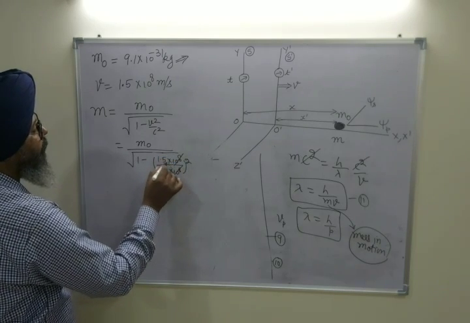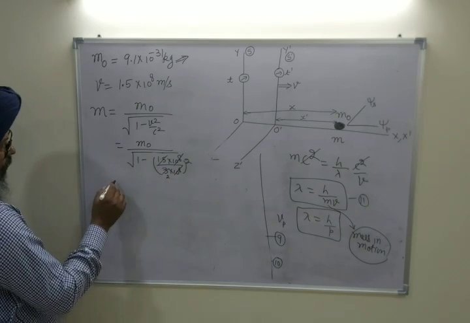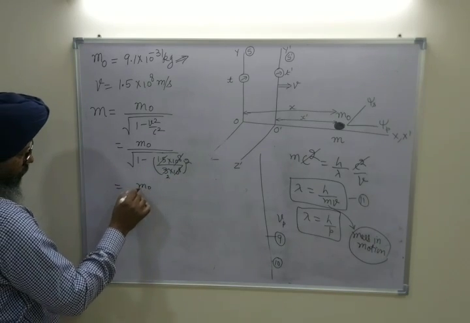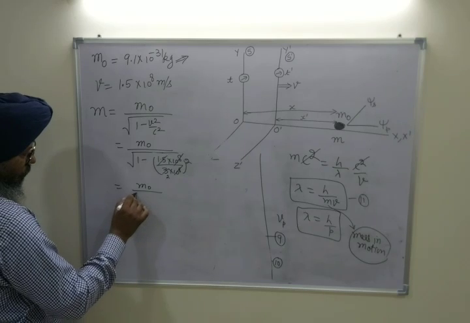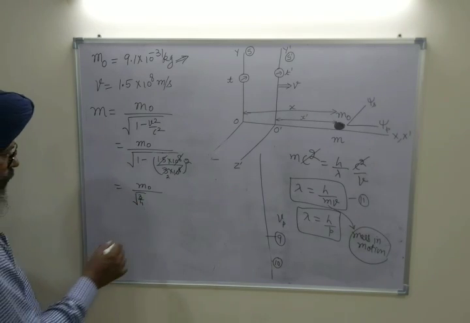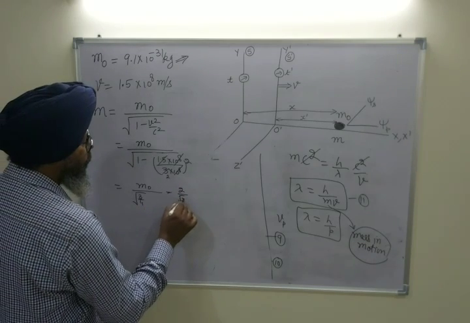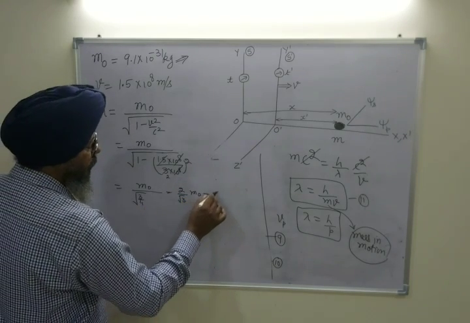Now that will become 1 by 4 and it will be m0 into square root of 3 by 4.